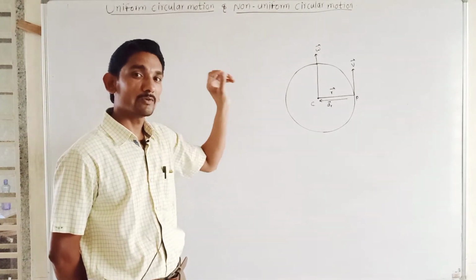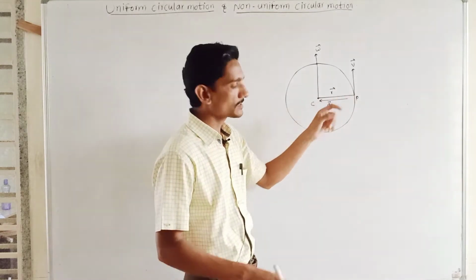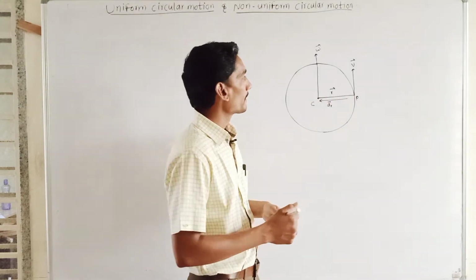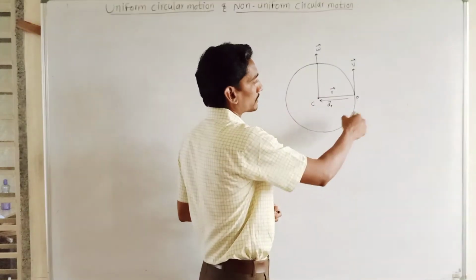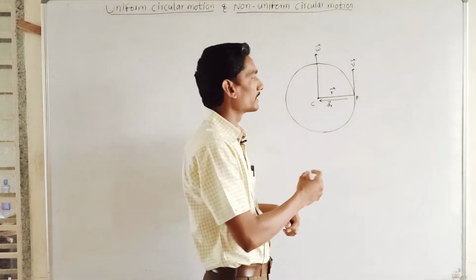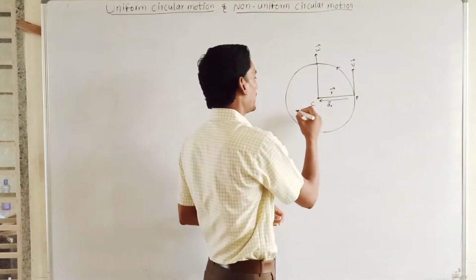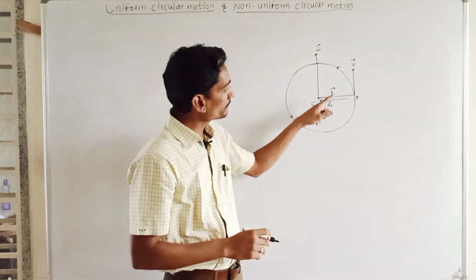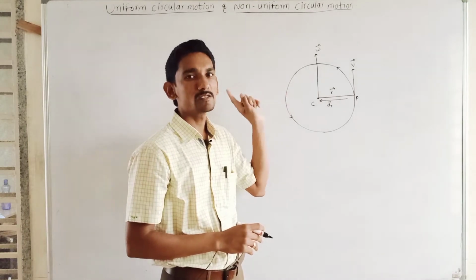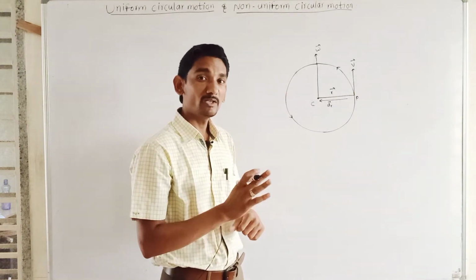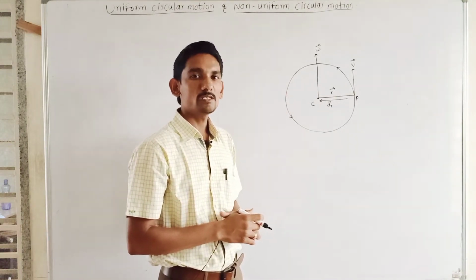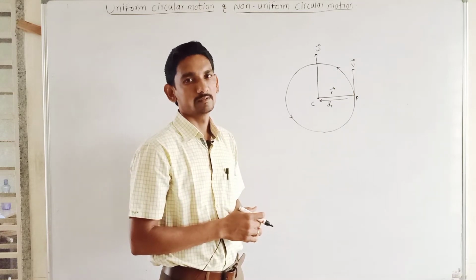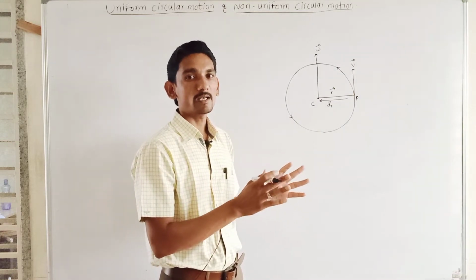Suppose this is the particle which is performing the circular motion along this circular track in an anti-clockwise direction. If the speed of this particle remains constant, then we can say that the motion is a uniform one, that is uniform circular motion.